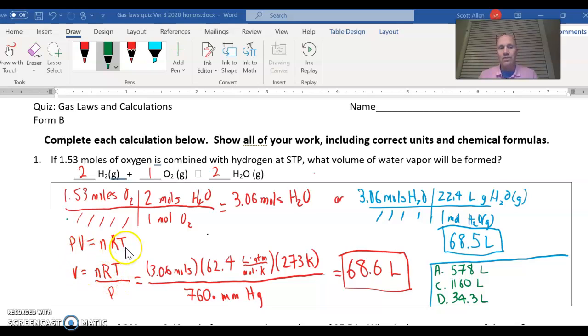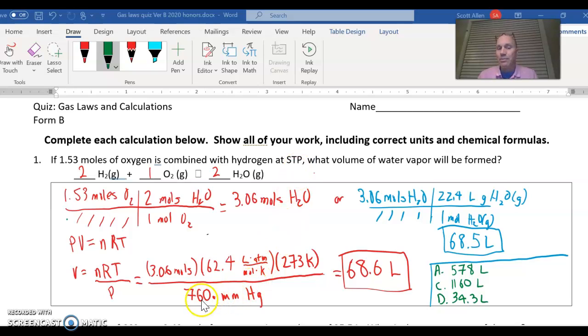If we rearrange this equation right here, the n is our number of moles. That's going to be this right here. To get our R, remember we want to look at pressure. You pick one that corresponds to certain units of pressure. Since we're doing it at standard temperature and pressure, we could choose any of those units of pressure.